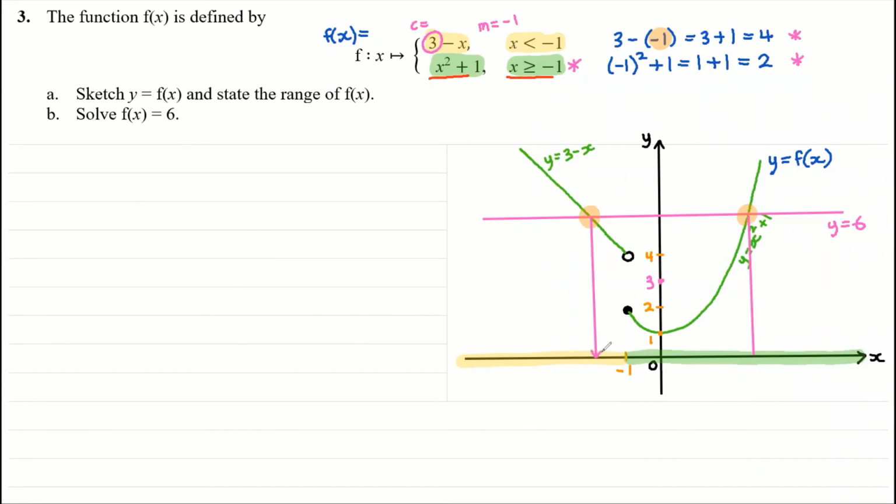And it's the same kind of idea as when we're working with modulus graphs. You have to have a good idea of what the graph looks like in your head, and then you know which equations to solve. So let's just do a bit of algebra now.